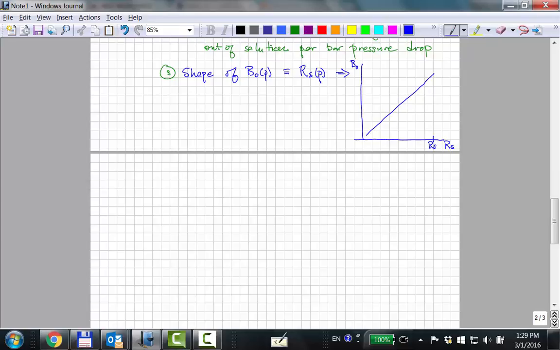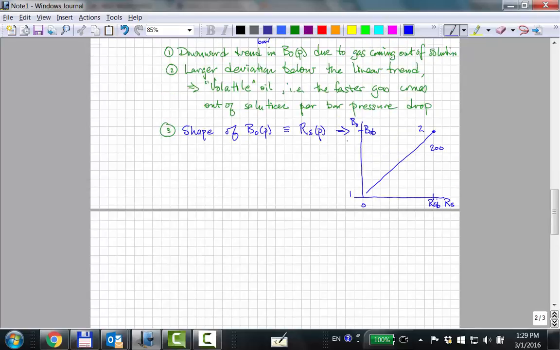That's your initial RSI. That was your initial BO at the initial bubble point. We can call that RS at the original bubble point. That was 2 and 200. And that's going to go down towards 1 and towards 0. It's not going to be exactly that straight line, but it is going to be a straight line.